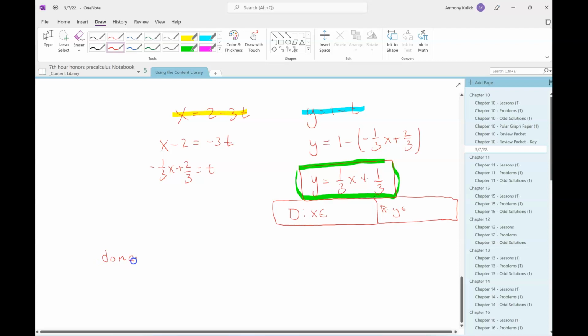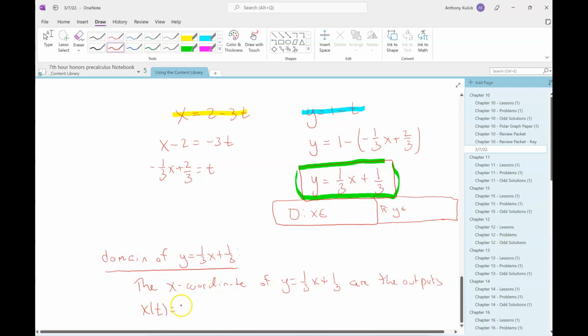So when we talk about the domain, that's coming from which coordinate, x or y? Okay. The x. So the x coordinates of our Cartesian function are generated, or are the outputs of, the parametric equation for x.